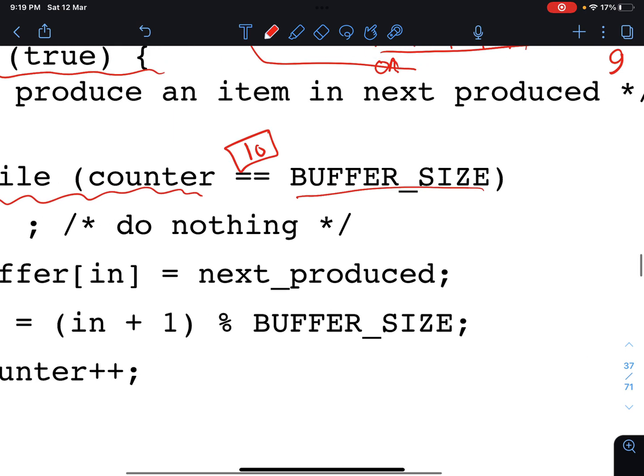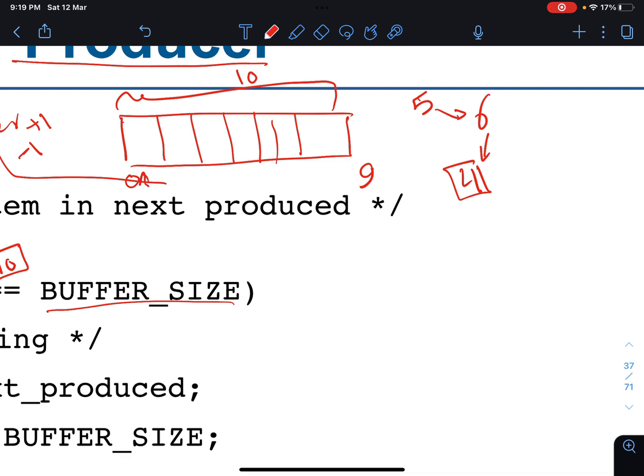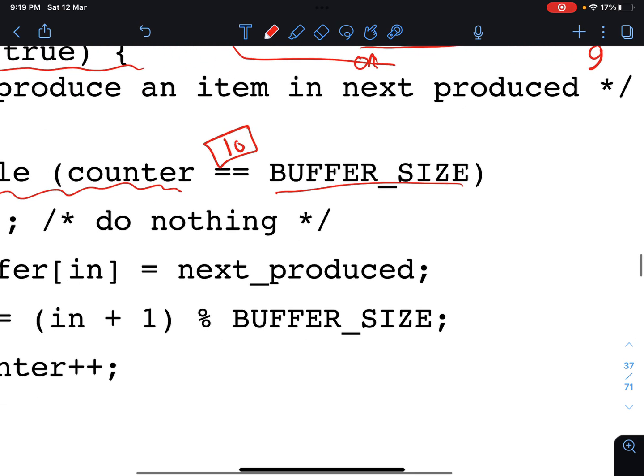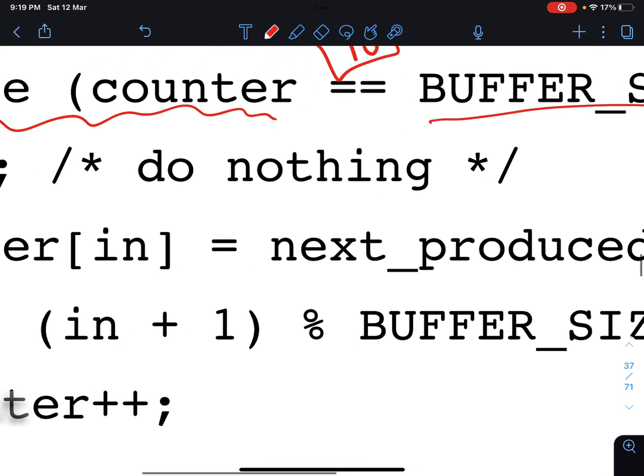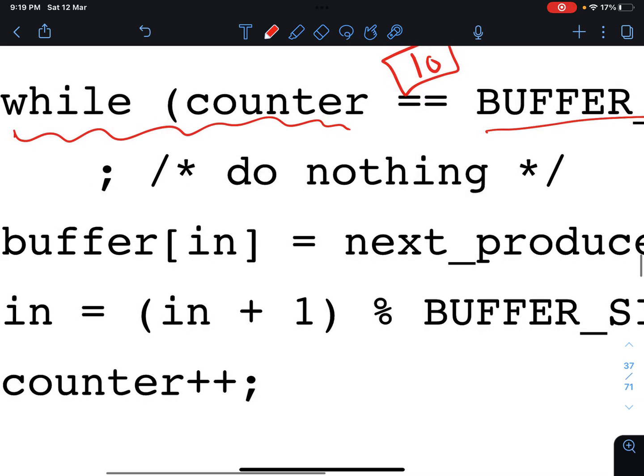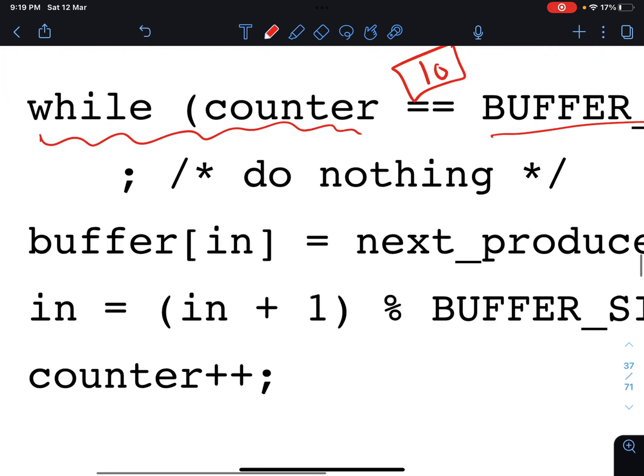You tell me it can never be 10, it's going to be 9. No, the number is 10, right? From the index from 0 to 9, but the number is 10. So if the counter is 10, the buffer size, whatever that is, it means it's full, right? The buffer is full. So there is no place to produce.